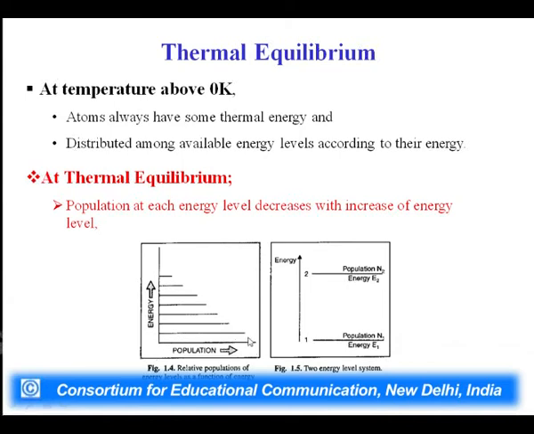At the first excited state, the population is less, and at the second excited state it is even less, and so on. Here in the diagram we see that as the energy increases, the population decreases. The population is defined by N1 and the energy of the state by E1. For the second state, the energy is E2 and the population is N2.